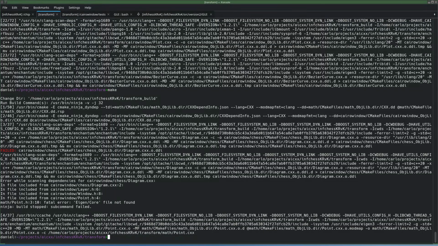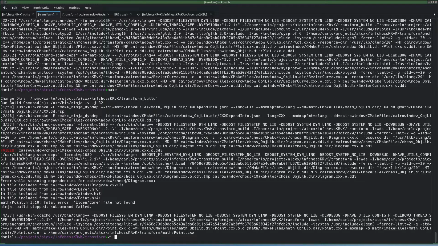Eigen core file not found. Well, now everything needs eigen, but I guess we didn't link with it then, or I mean, I'm so confused.